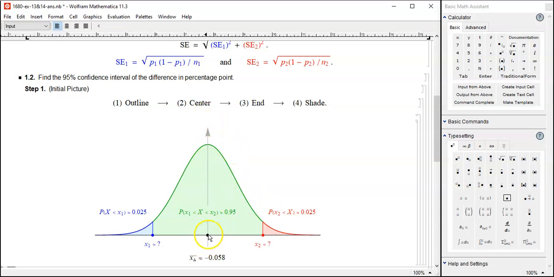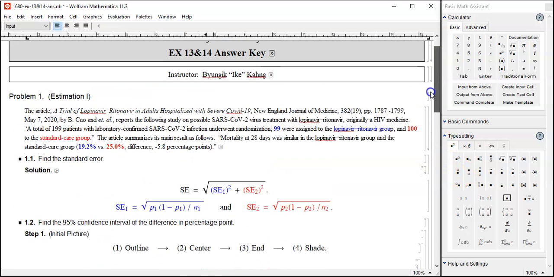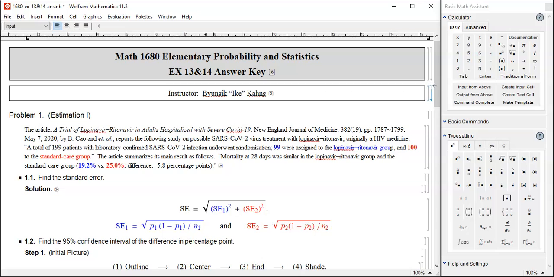you have to make appropriate decision. Center, what is the expected difference in percentage point? The problem says difference in percentage points, and the problem explicitly said negative 5.8 percentage points.